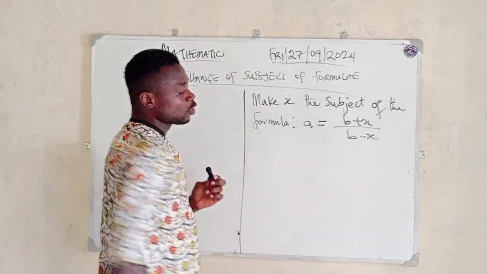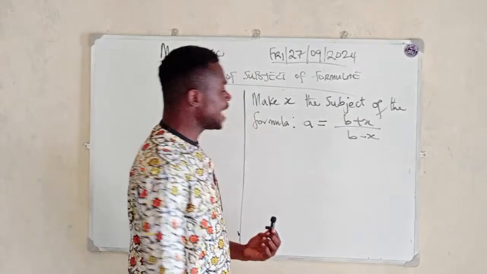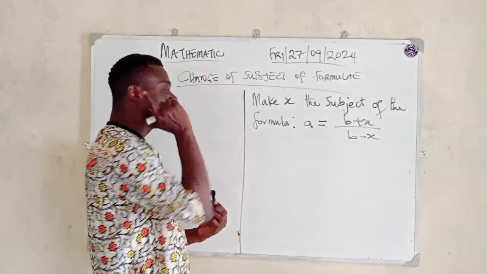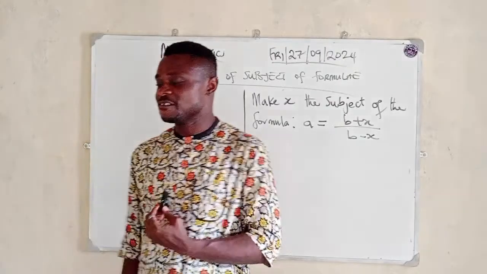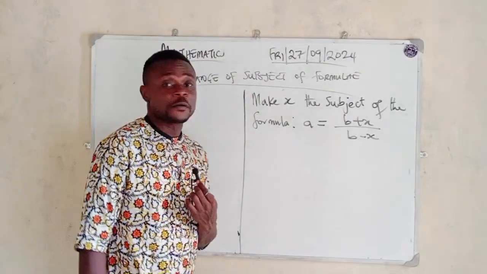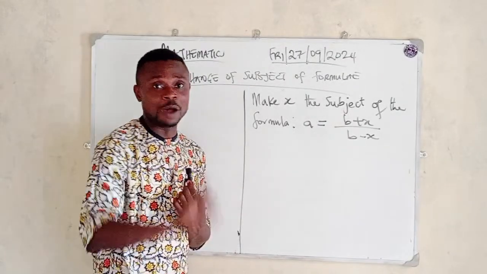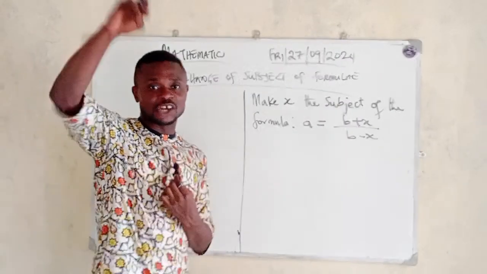A is equal to B plus X all over B minus X. You have 1 minute to solve this question. Hello, my viewers. You are free to join us in solving this question. 1 minute. Drop the answer on the comment section.